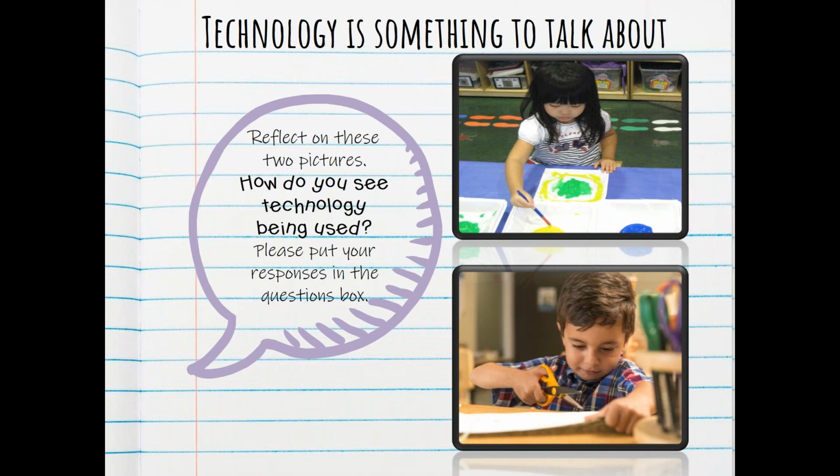So Amy, we see that someone said that they see technology being used in both pictures. With the first picture, with the girl using a paint brush to paint, and with the boy using scissors to cut. They're using these items to perform a task easier using the tools in the picture. Very good.